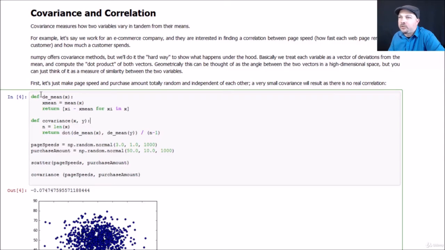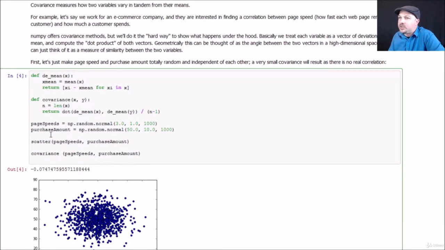So this function returns a new list of data that represents the deviations from the mean for each data point. So my covariance function will do that for both sets of data coming in, divide it by the number of data points minus 1. Remember that thing about sample versus population? Well, that's coming into play here. And then we can just use those functions and see what happens.